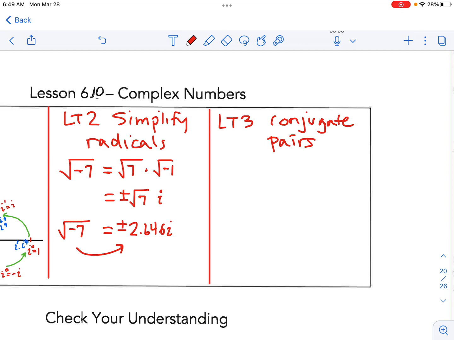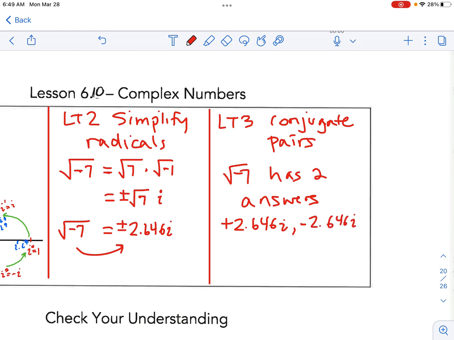And so every time you have an imaginary component, you get 2 answers, just like anytime you square root a positive number, you get 2 answers. So we call those conjugate pairs. The square root of -7 has 2 answers, and one is plus 2.646i, and one is minus 2.646i, and those are called conjugate pairs.